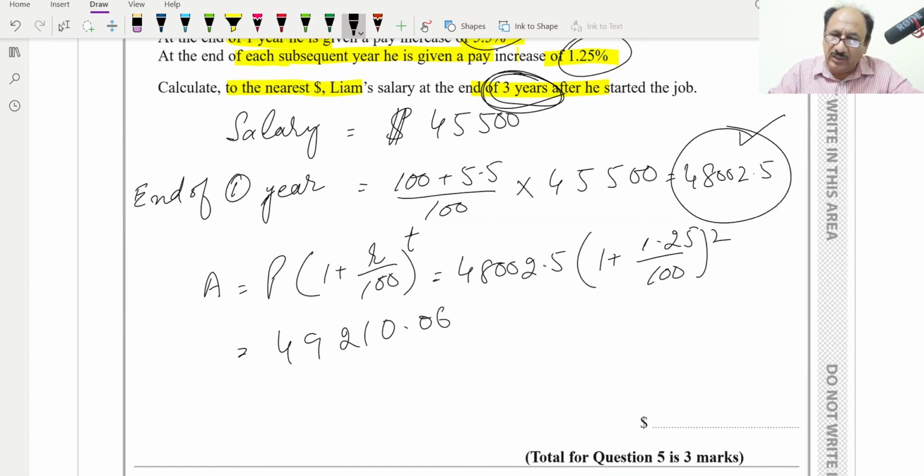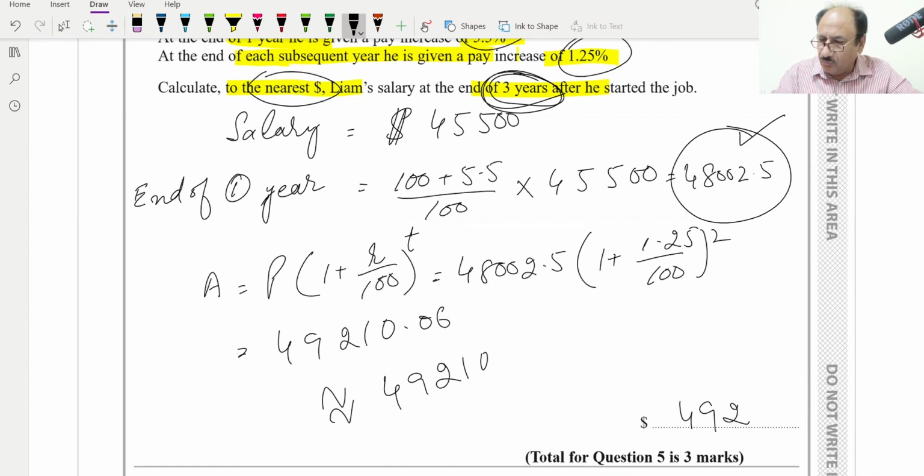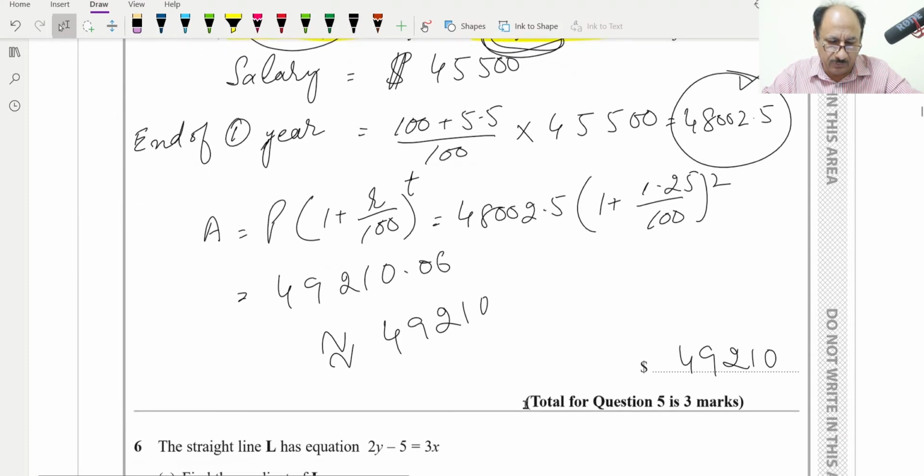We have to provide the answer to the nearest dollar, so it is approximately equal to 49210. So our answer will be 49210 over here at the proper location.